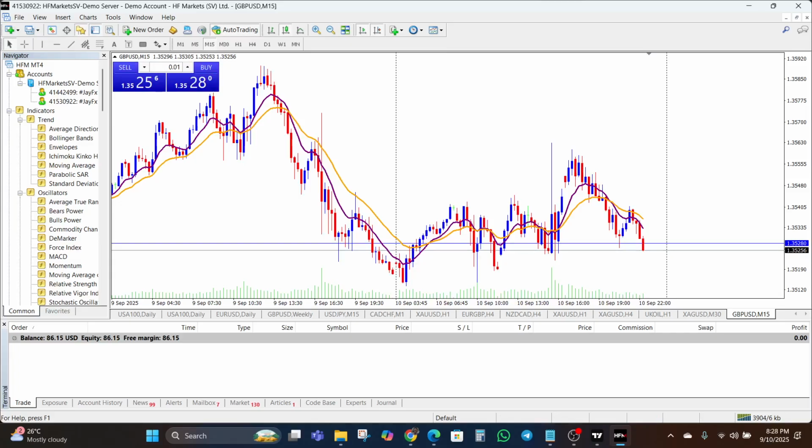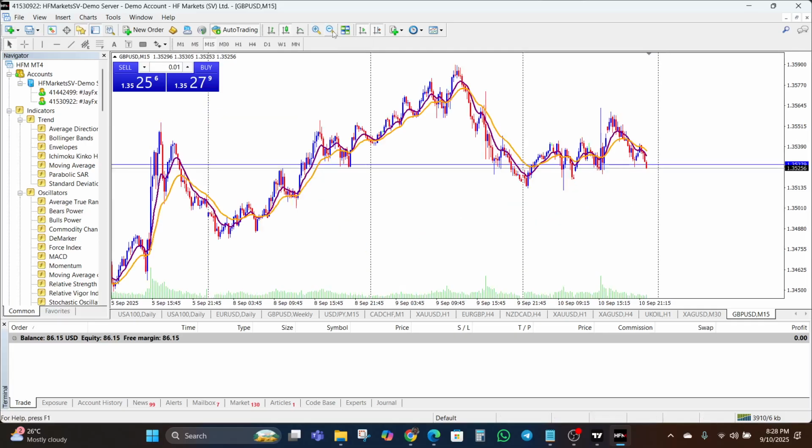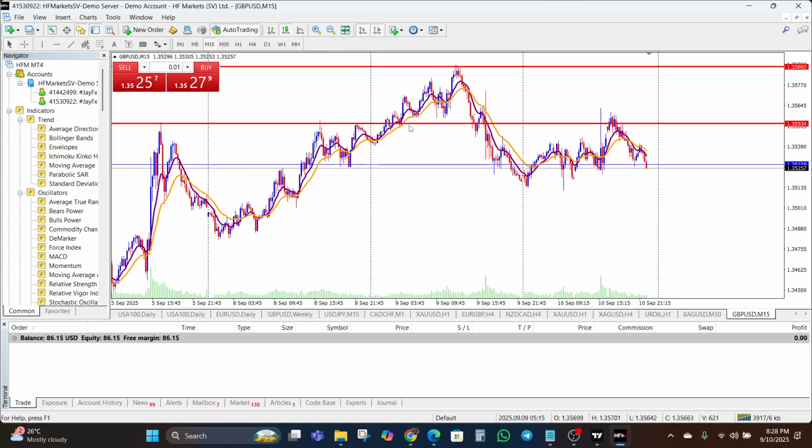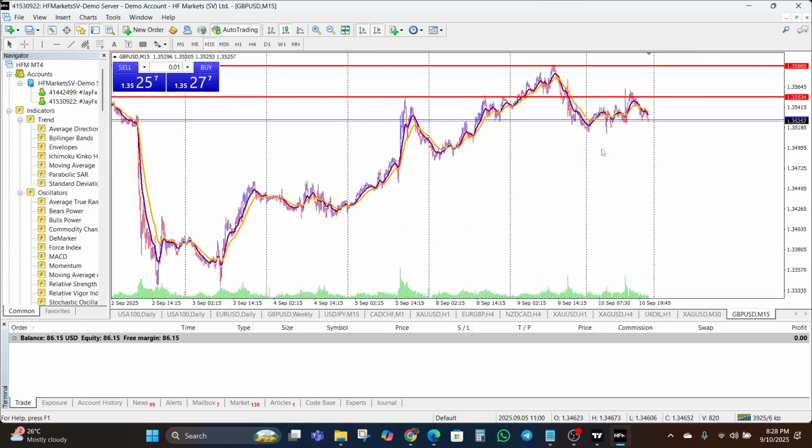The next thing for you to do is to mark out simple support and resistance levels on your chart. Remember, these are levels where price got to and found it difficult to break through. So you mark out those areas where you have at least 2 touches and a rejection.